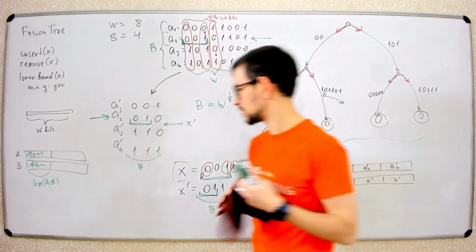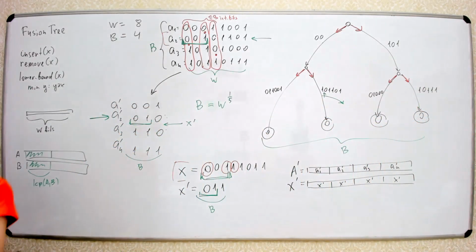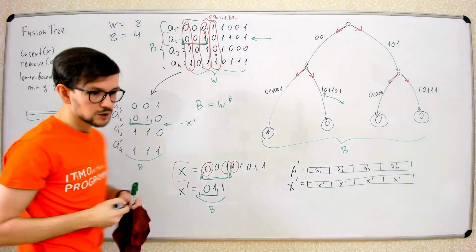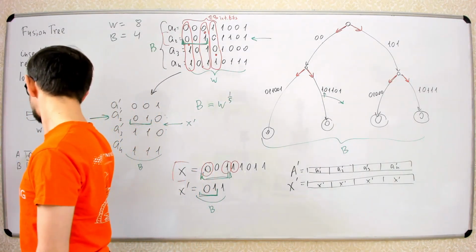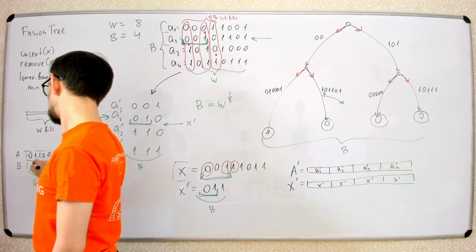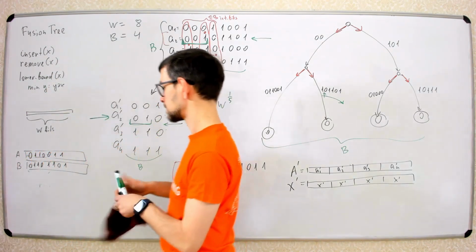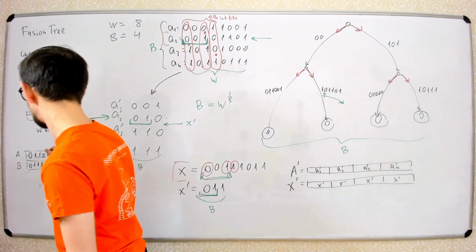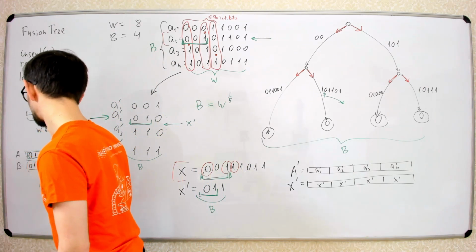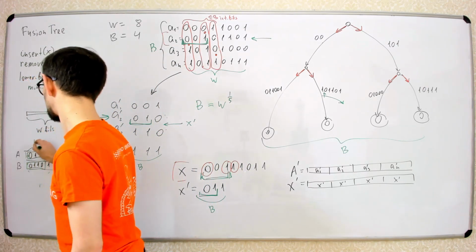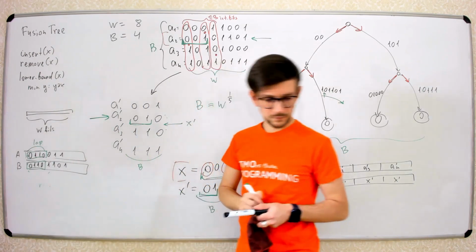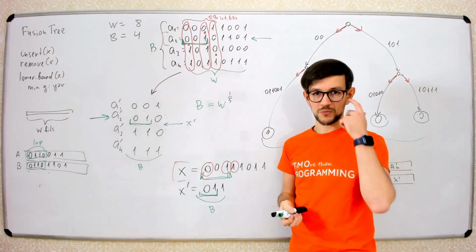Well, let's put some bits there. So you have two integers. You have some bits, let's say 0, 1, 1, 0, 0. And here we have something 0, 1. So here's a common prefix. So how to find the length of the common prefix of two integers?